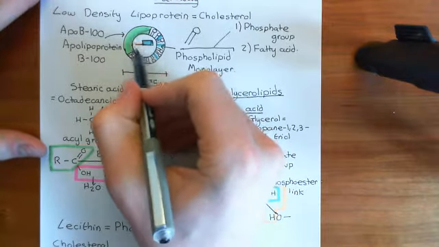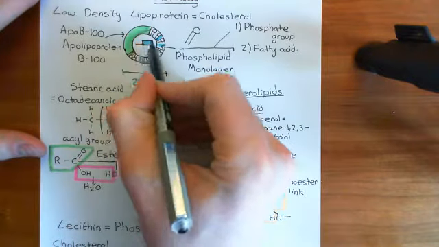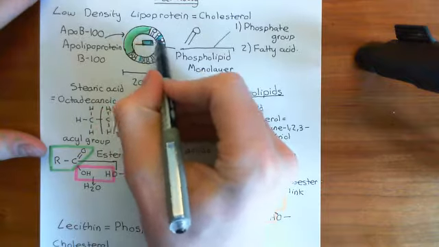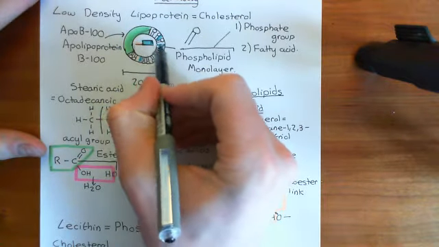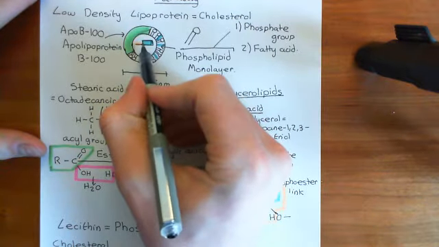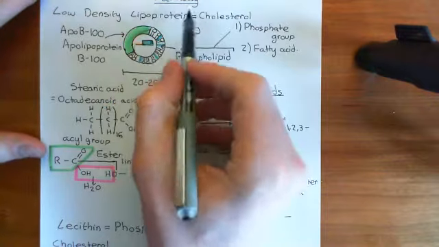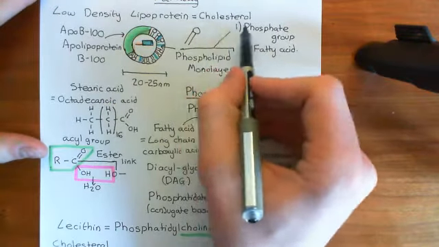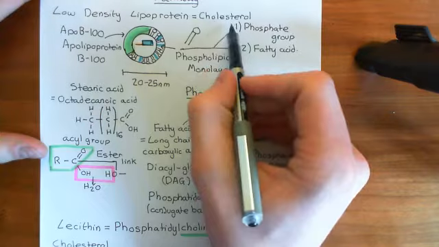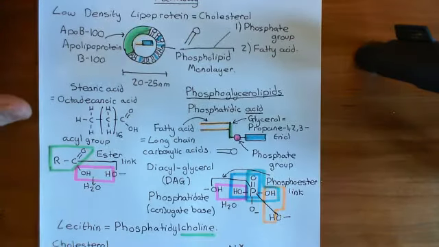But what makes these special is that their main cargo, in the hydrophobic core and also in the phospholipid monolayer, is free cholesterol molecules and cholesterol esters. Okay, so that's why people often refer to these molecules as cholesterol. Okay, so there's an introduction to low-density lipoprotein.